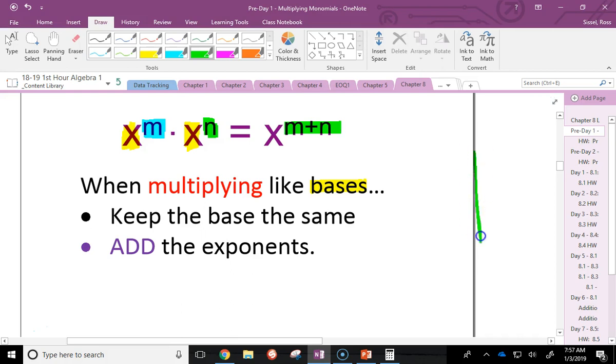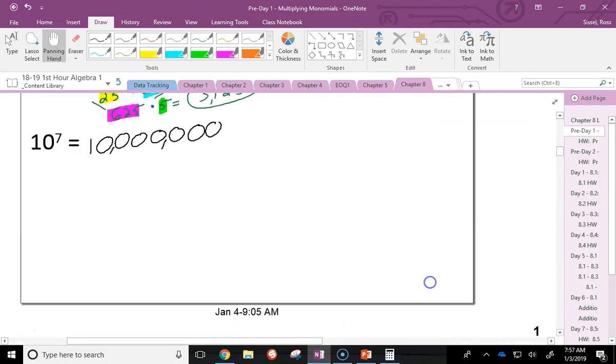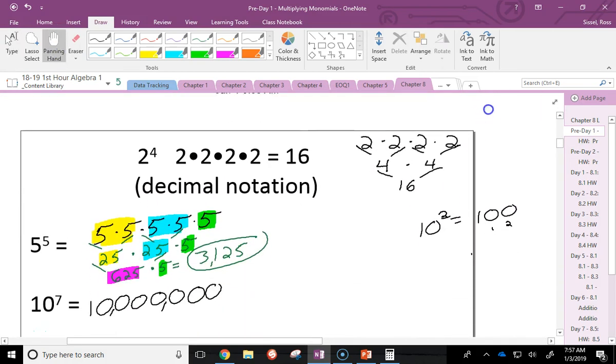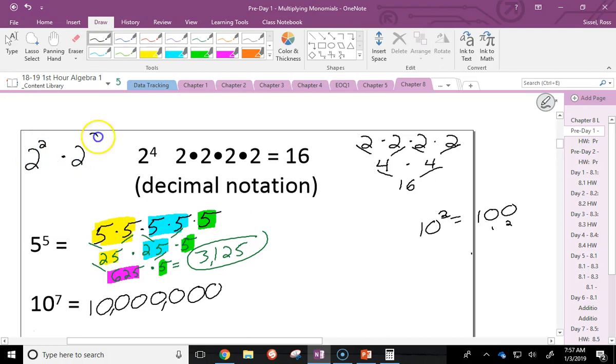In fact, if we look back at 2 to the 4th power, if I would have done 2 to the 2nd power times 2 to the 2nd power, really what I'm doing is 2 squared, which is 4, times 2 squared, which is 4, and 4 times 4 is 16.